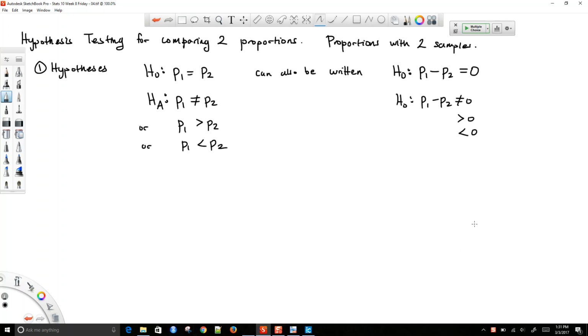The idea here is that we are looking at two samples. Here's our big idea: we look at two samples taken from two populations, and our two samples have different proportions of whatever it is that we're looking at.